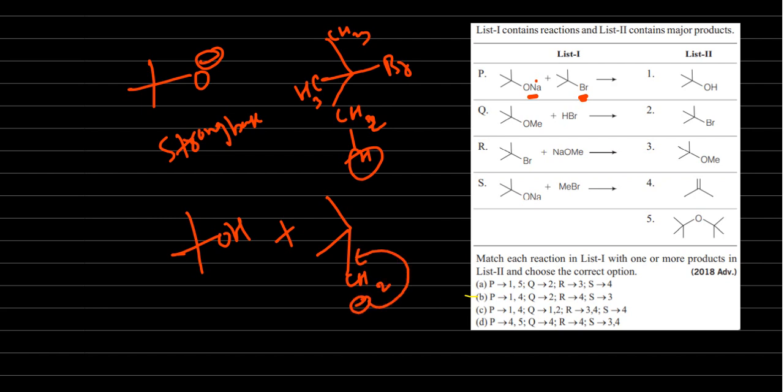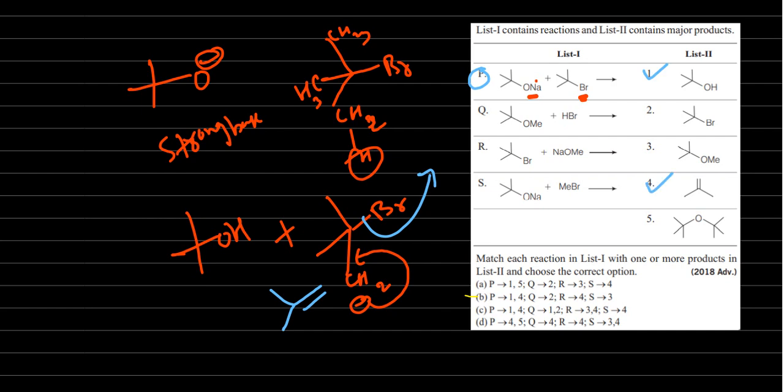Whenever it comes back, this bromine will be leaving. So an alkene forms. So for P, one is alcohol, another one is alkene.